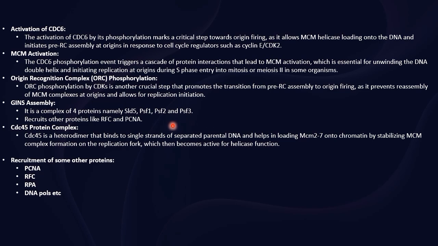The name GINS was given by a Japanese scientist who discovered these four proteins, where GINS stands for Go Ichi Ni San, which is a Japanese term where Go stands for 5, Ichi for 1, Ni for 2, and San for 3. It symbolizes the suffixes of these proteins: 5, 1, 2, and 3.